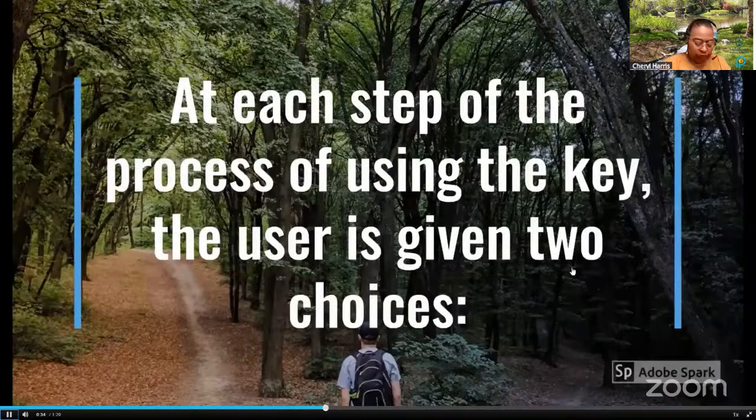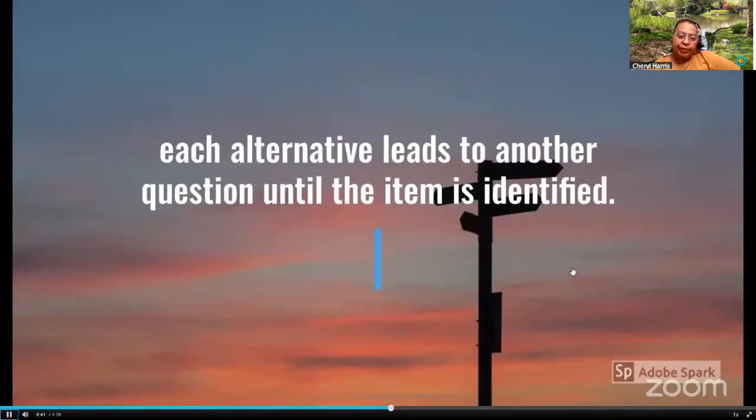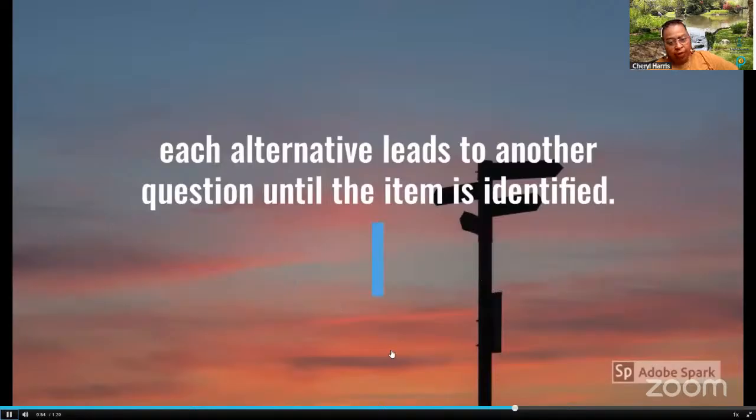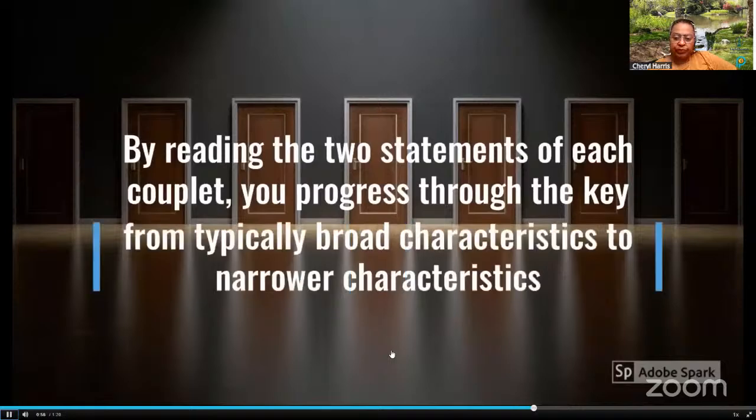They always give you two sentences. You always have two choices. When you read each one, you're either going to say yes or no. Yes, it does it, and no, it doesn't. If you say yes, then it usually gives you instructions on what to do next. And they call them a couplet. So vocabulary word, couplet.